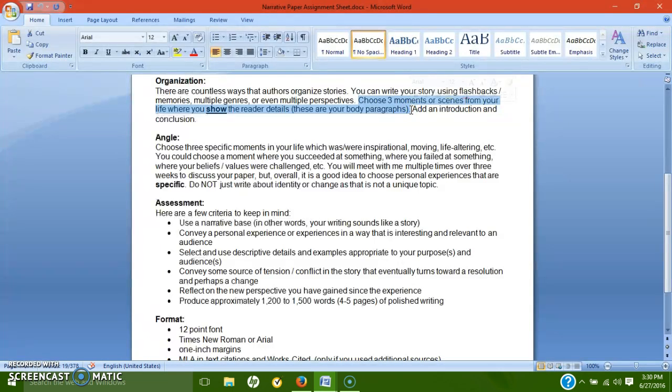What I mean by that is 3 to 5, and these will be your body paragraphs, things that demonstrate your theme. One girl wrote a paper last semester about how she loved making people laugh, and laughter was her theme. She chose 3 really kind of, quote, dumb blonde moments where she didn't understand Laffy Taffy jokes.